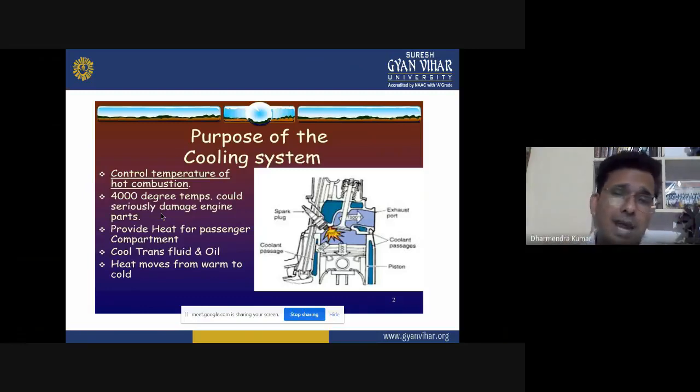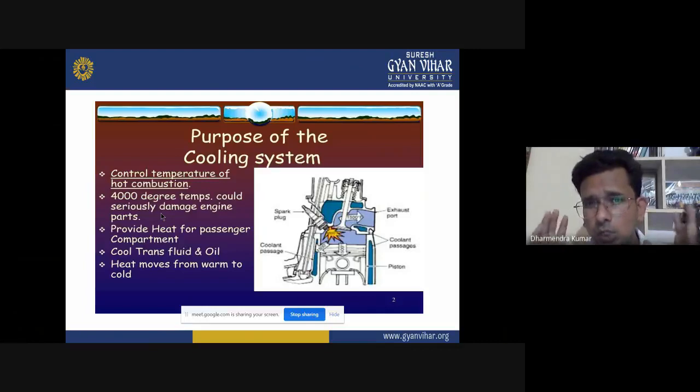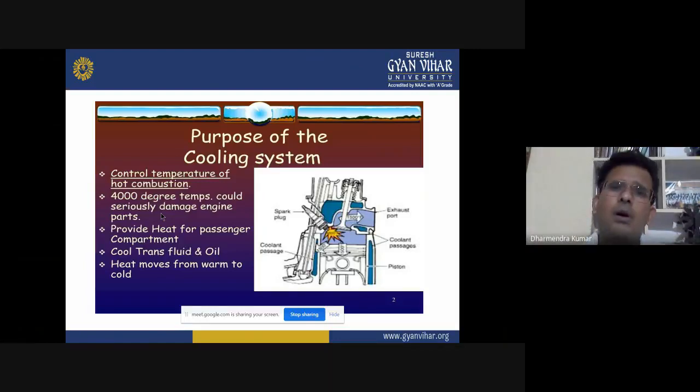Now, at this temperature, if we do not provide a cooling system to the whole cylinder system, then it may be burnt, or there may be damage to parts like the piston or piston rings, or damage to the cylinder walls.